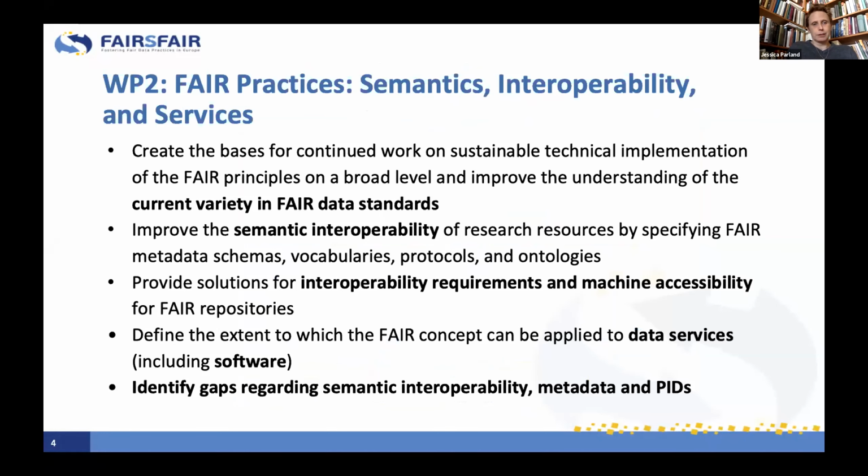This specific webinar is organized by work package 2. It's titled FAIR Practices, Semantics, Interoperability and Services. In this work package we are looking at how we can enable the FAIR ecosystem in a more technical way, with a more technical approach looking at technologies.